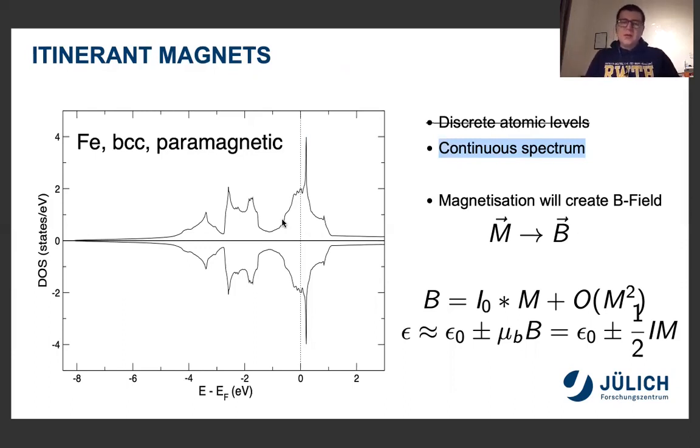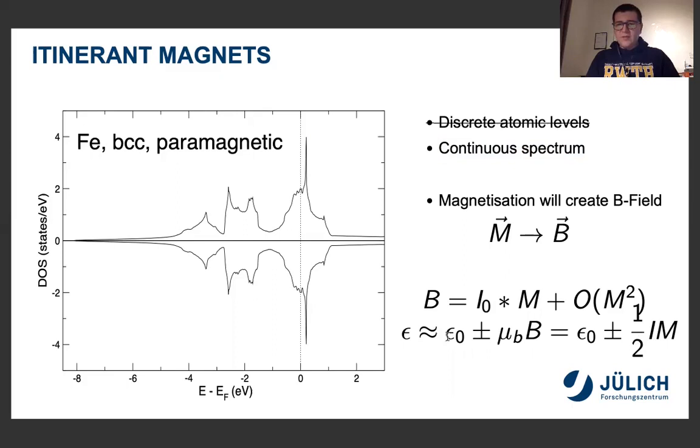You can see that this might give rise to magnetism if you take into account that materials can have a density of states for a spin up and a spin down part. If you now take into account that magnetization will create a magnetic field, then you can do a Taylor expansion, and you will end up with an energy term which looks like this.